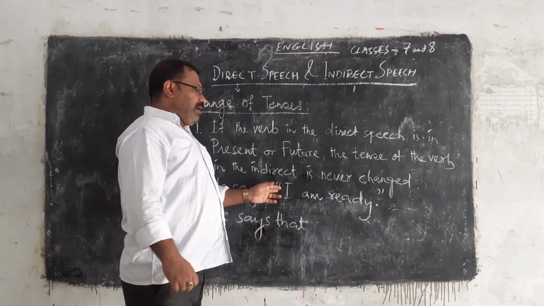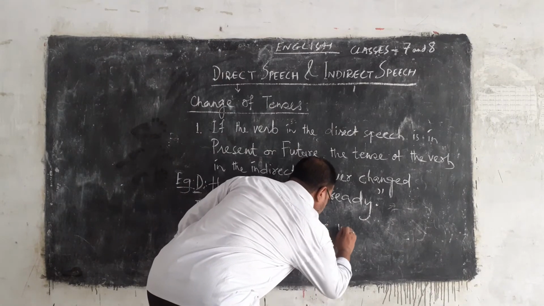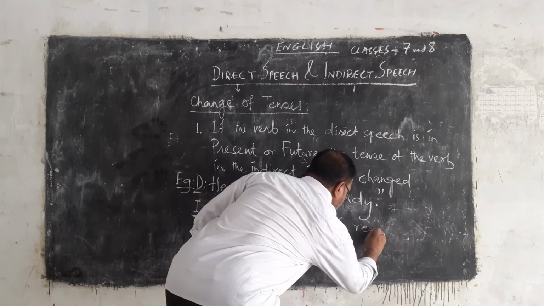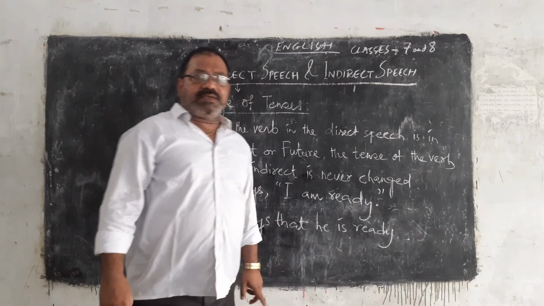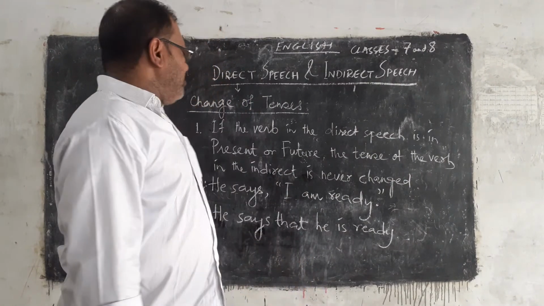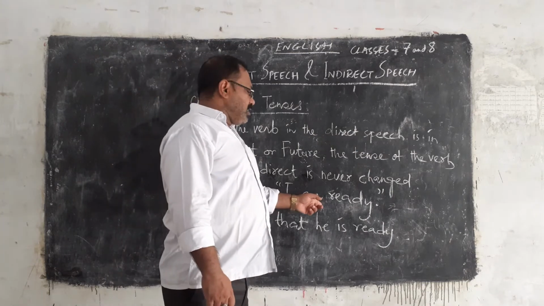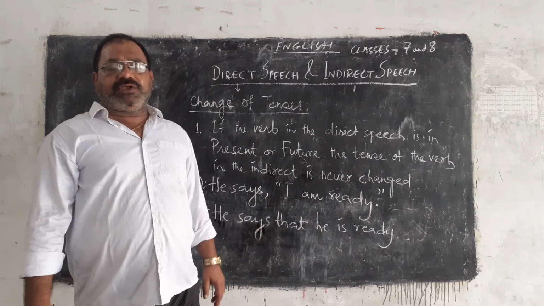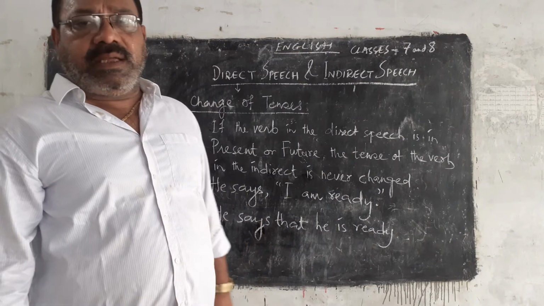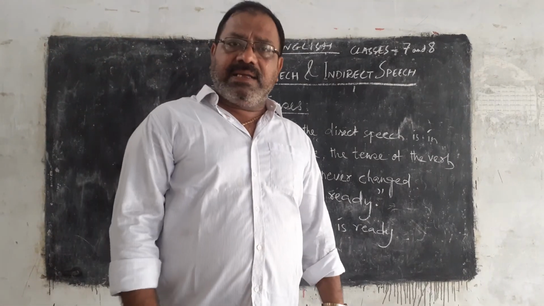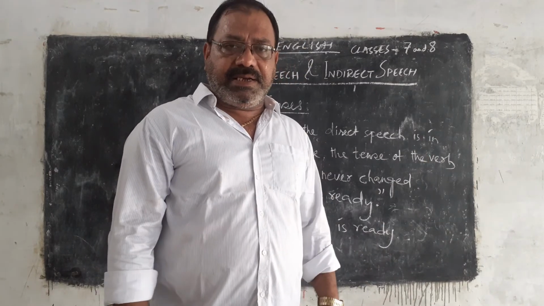I am ready, I changes to he is ready. The sentence is written in present tense because the verb in the direct speech is in present tense. It is not changed. In indirect, he says that he is ready in the present tense.